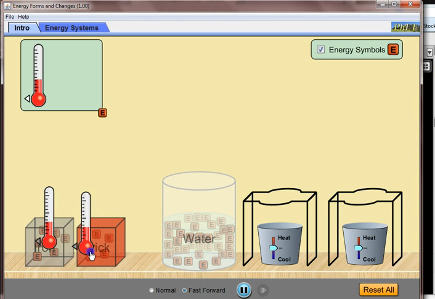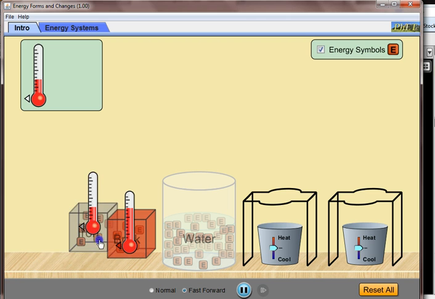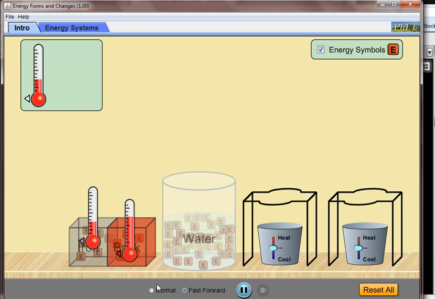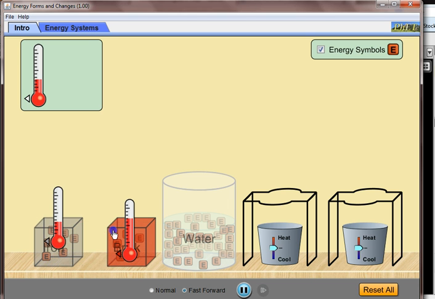Oops, yeah, that's what I'm saying. The experiment is not behaving very nicely.